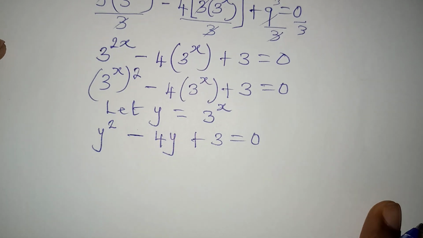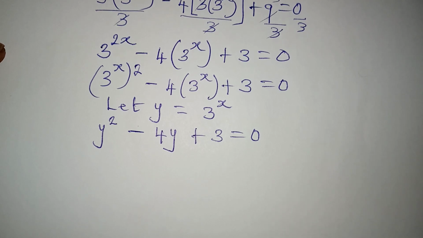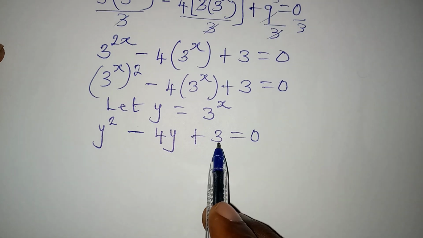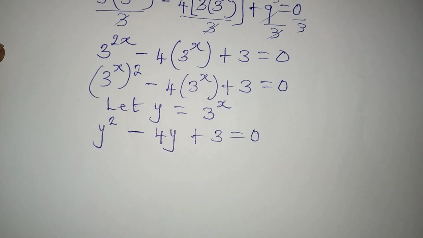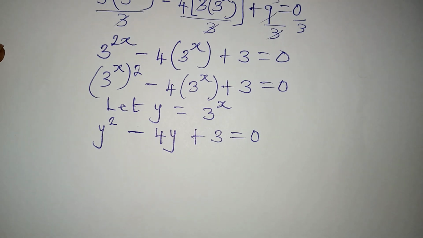And now we have a quadratic equation that we can solve using the factorization method. So the question now is, what are the two numbers you multiply to have positive 3, and you put the two of them together to have minus 4?